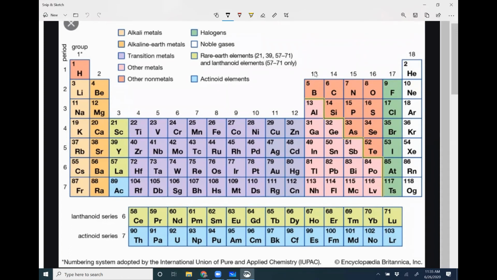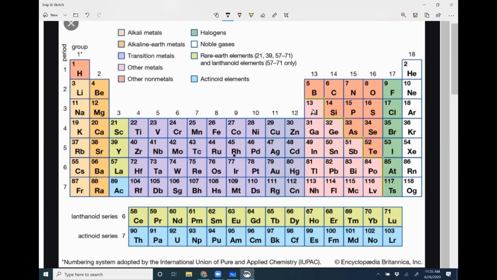This group right here, group 13 or 3A, is called the boron group, where it has one what we call non-metal. However, the staircase here that you see is there to show the separation between the non-metals and the metals. And some of these atoms that touch the staircase are actually what we like to call metalloids.